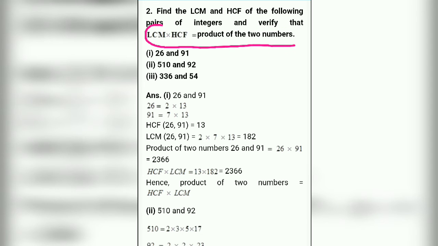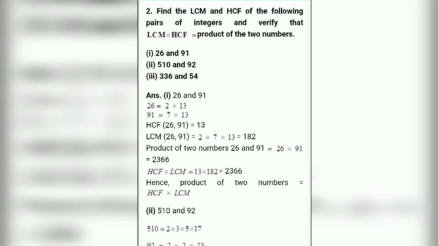First we need to find the LCM, then the HCF, then multiply HCF and LCM and check it against the product of the two numbers. In exercise 1.1 we found the HCF by using Euclid's division algorithm. Here we will find the HCF and LCM by the prime factorization method.